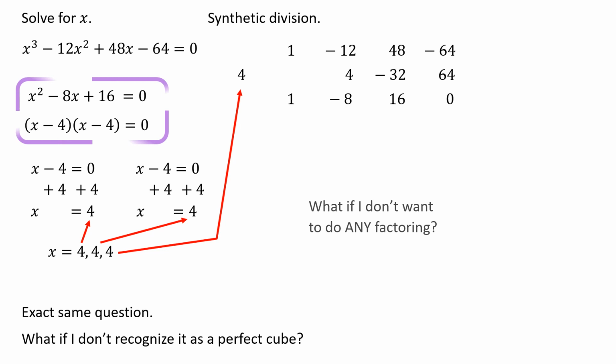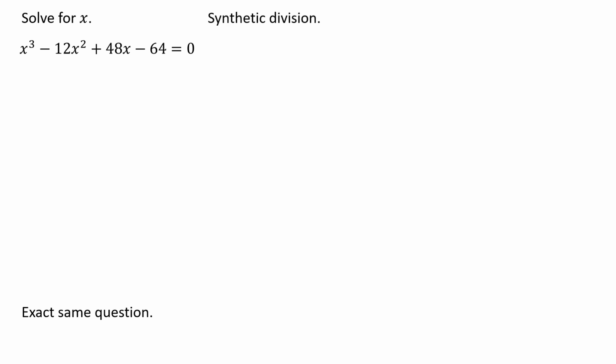And of course, if I don't want to do any factoring at all, because I still had a factor here, exact same question again, and I'm just going to do synthetic division. Again, I better use 4 because that's the only solution that works. Drop, multiply, add, multiply, add, multiply, add.